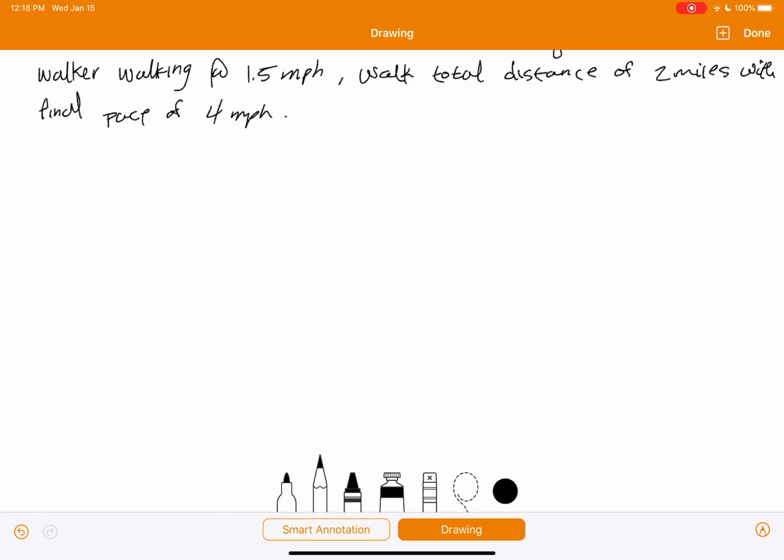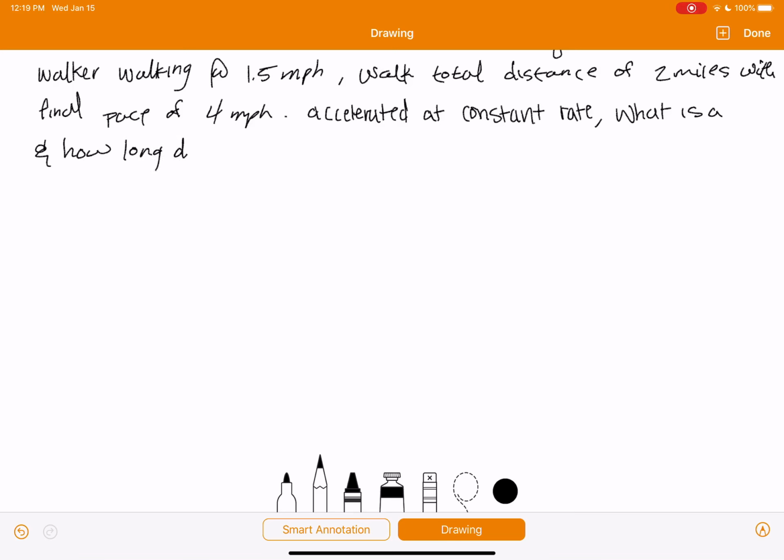If they accelerated at a constant rate, what is that acceleration? And how long did it take them to walk the 2 miles?